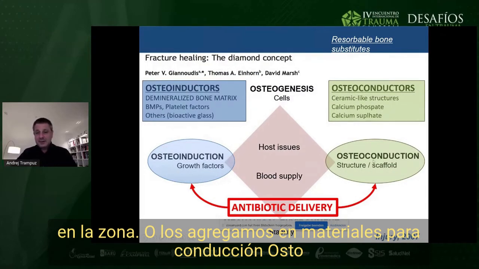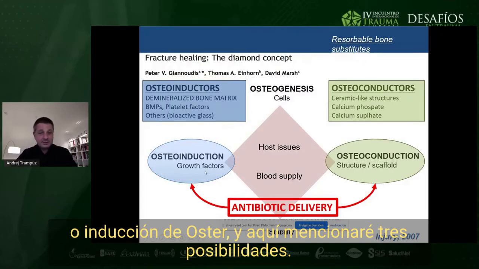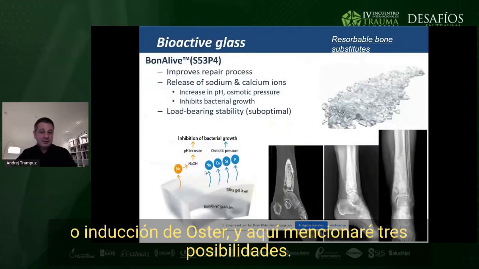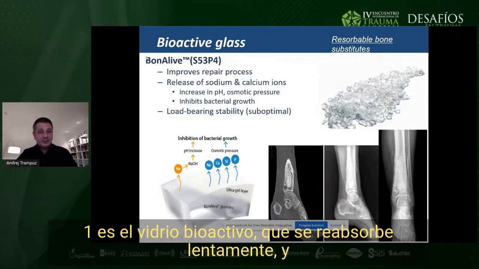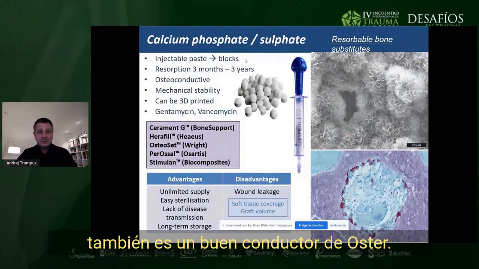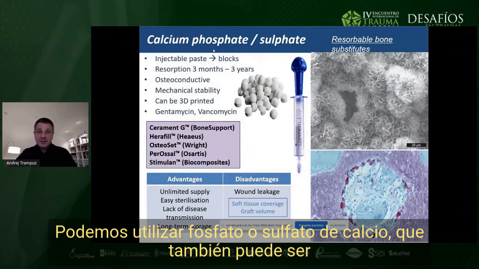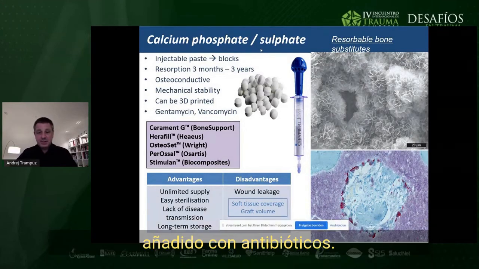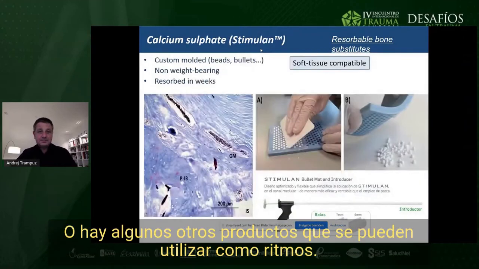Either we add them in materials for osteoconduction or osteoinduction, and here I will mention three possibilities. One is the bioactive glass, which is slowly resorbable and is a good osteoconductive. We can use calcium phosphate or sulfate, which can also be added with antibiotics.